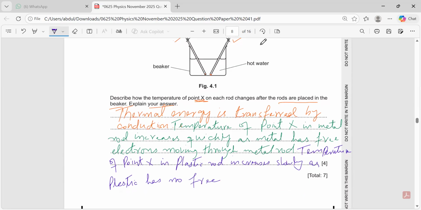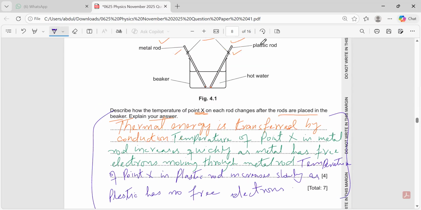I think that is more than enough, my dear friends. And if there is any question or query, please feel free. You can ask me. Read the question carefully and wait a minute.